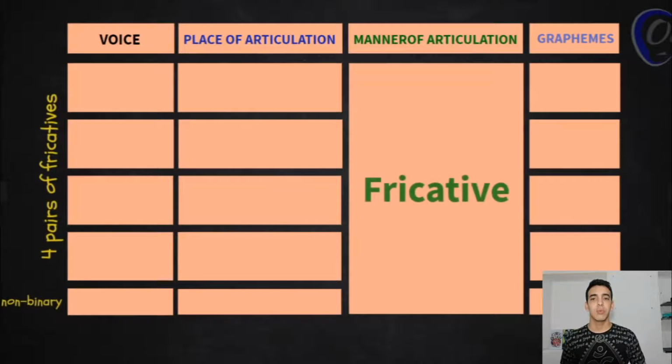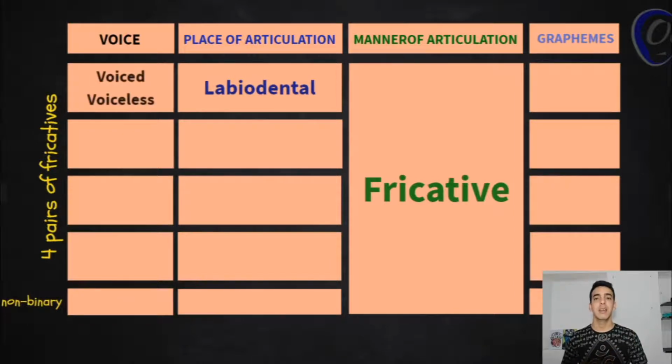So, fricative sounds. The first fricatives that we will start dealing with are two: a voiced and a voiceless. Teeth and lip, how do we call them? Labiodental. Okay, so one voiced and one voiceless labiodental fricative will vibrate and will not vibrate.